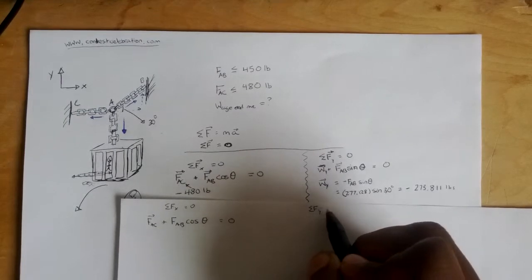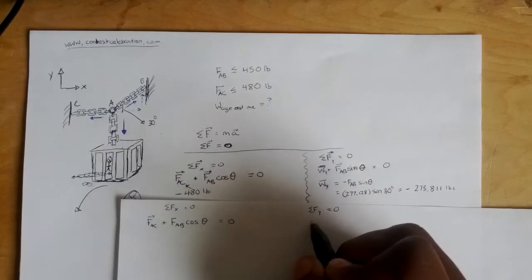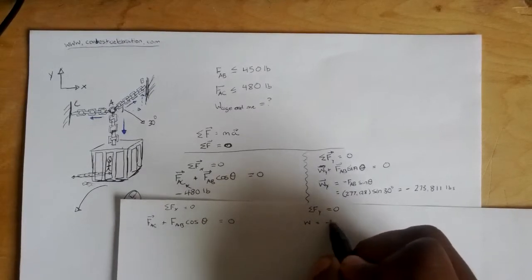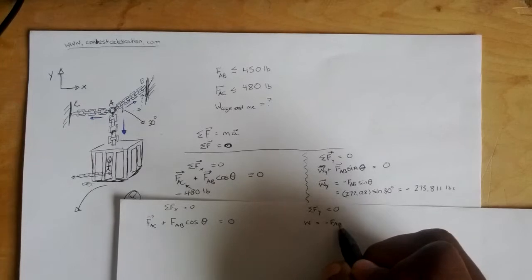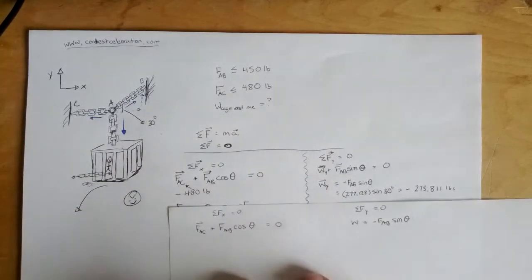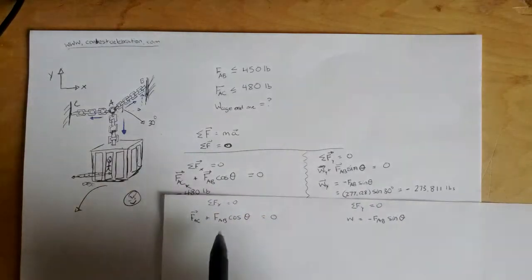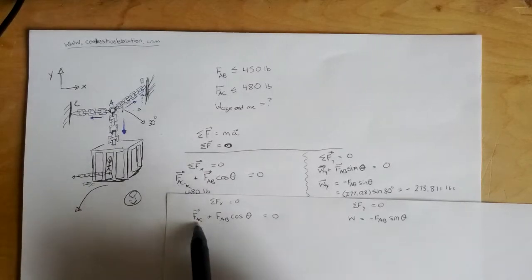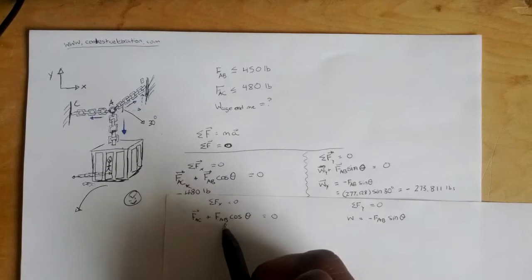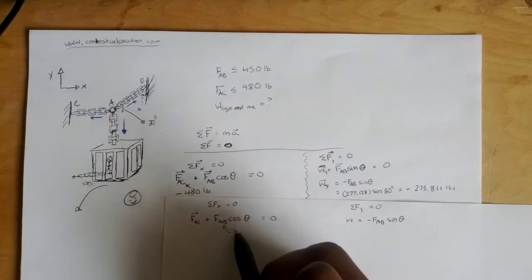The sum of all forces in the y direction is going to be weight is equal to negative force AB times sine of angle theta. So what we want to do here, I'm going to go with this equation because there's a constraint on this one. So now I'm going to assume that force AB is equal to 450 pounds.